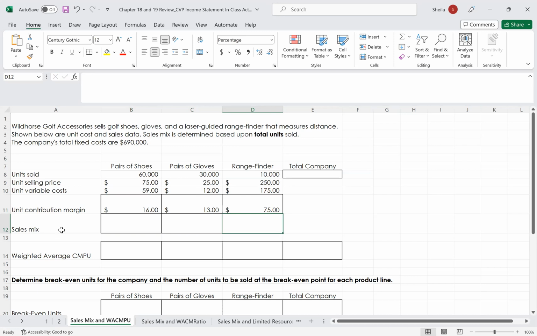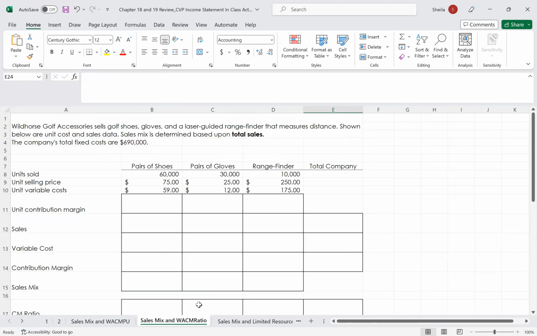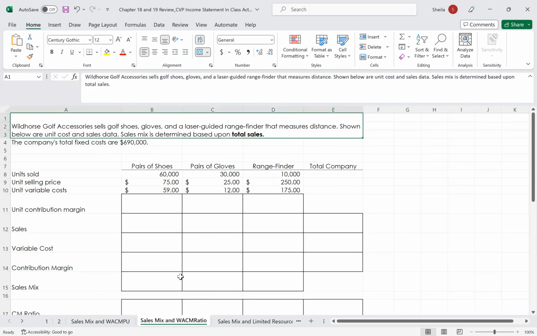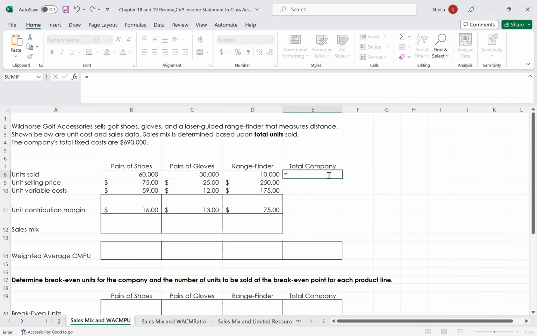In order, though, to calculate what's known as the sales mix, we're going to do this example based off of total units sold. In the next video, we're going to walk through total sales using sales dollars. So let's focus here. I'm going to sum all of my units sold.